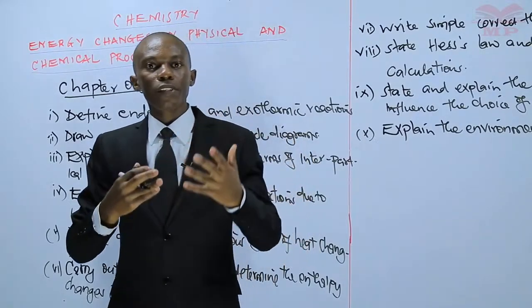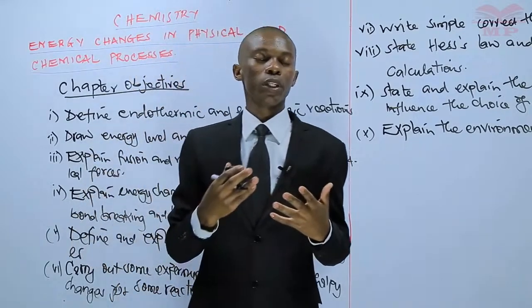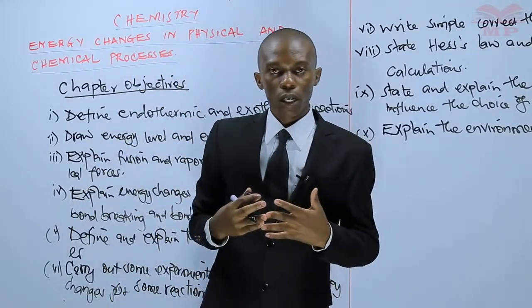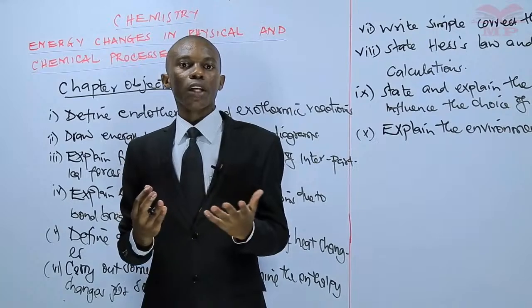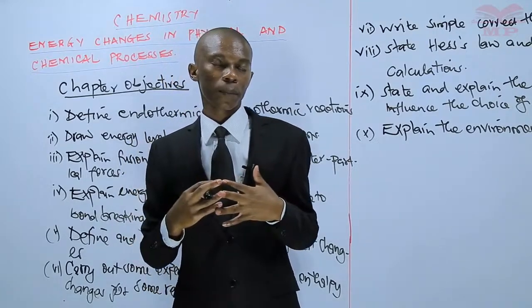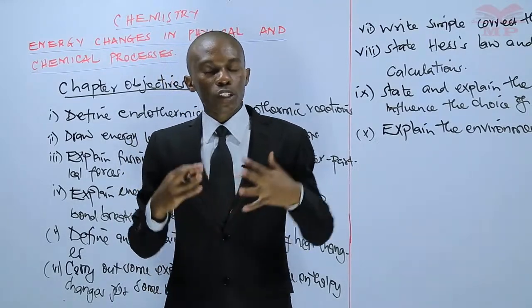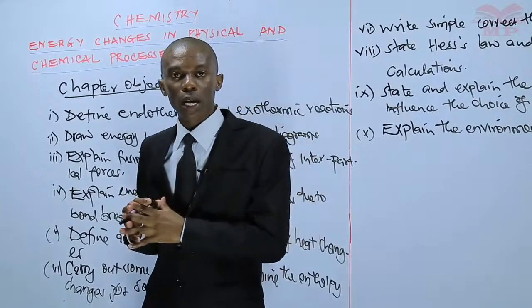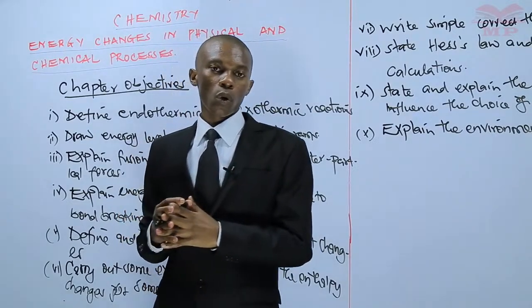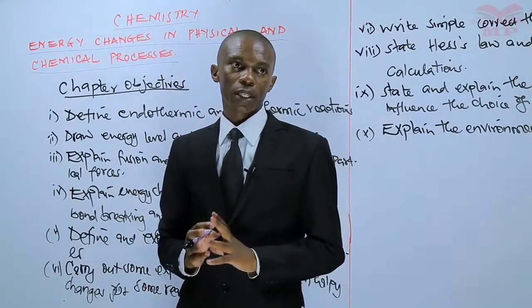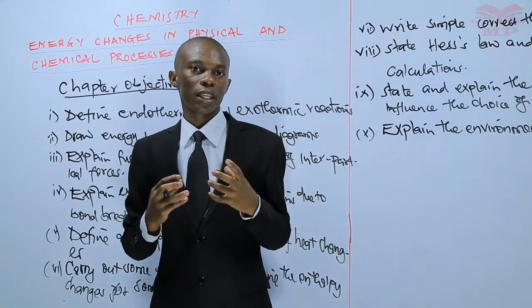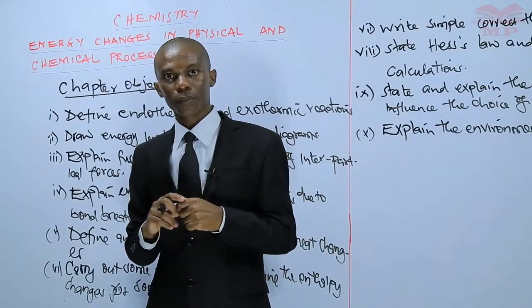A good example in physical changes is solid wax: when you heat solid wax, it turns to a liquid. When you cool this liquid, you get back the solid wax.